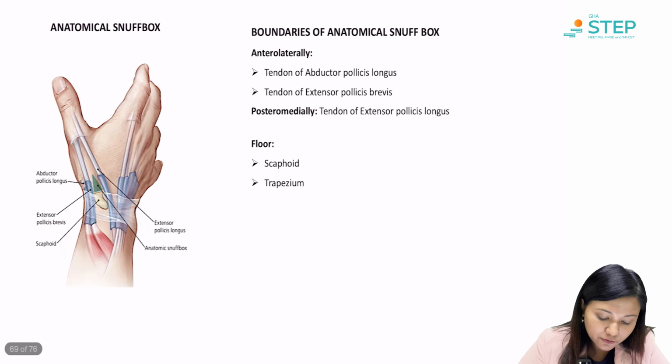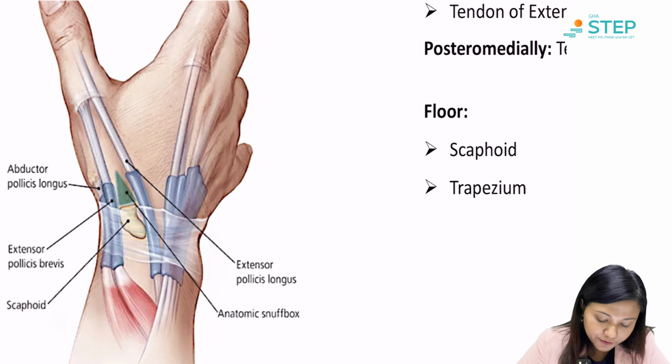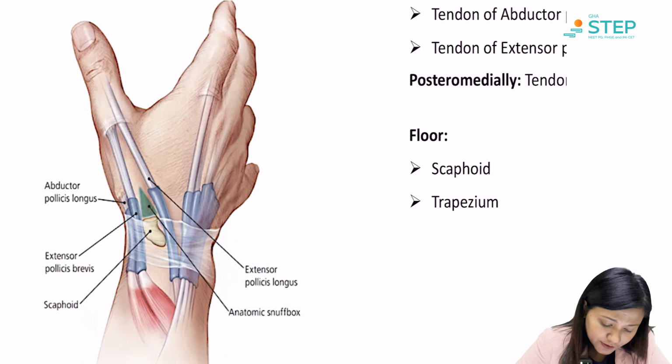Now, what are the boundaries of the anatomical snuff box? Laterally you will have the tendons of abductor pollicis longus and extensor pollicis brevis, and anteromedially you will have the tendon of extensor pollicis longus.